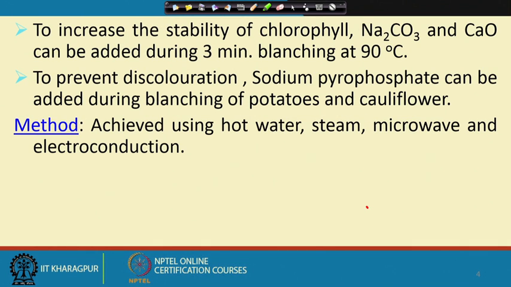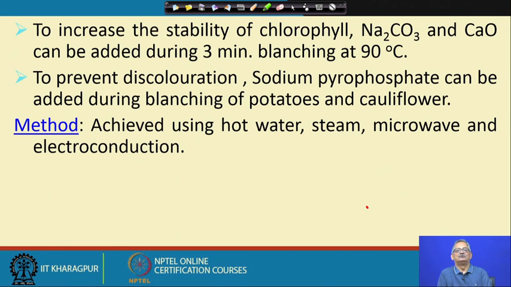So, how then can we achieve the purpose? We have said that why should we. Now, next comes how should we. We first came to what shall we, then we came to know why should we, and now how should we perform this blanching process, right.